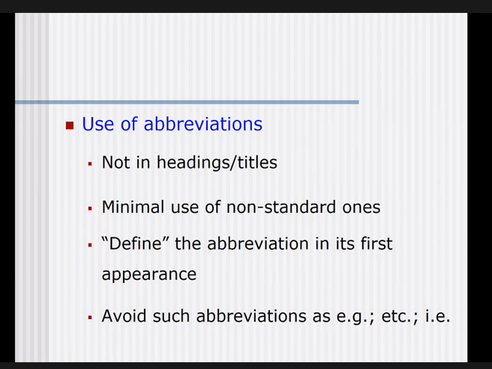For example, your thesis is talking about poor environment, and that terminology appears so many times, and you don't want to overwrite it. So you abbreviate it as PE, standing for poor environment. Now, that is a non-standard abbreviation. It is not widely known. So minimize the use of such non-standard abbreviations.